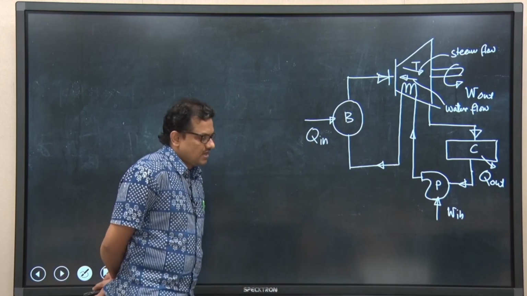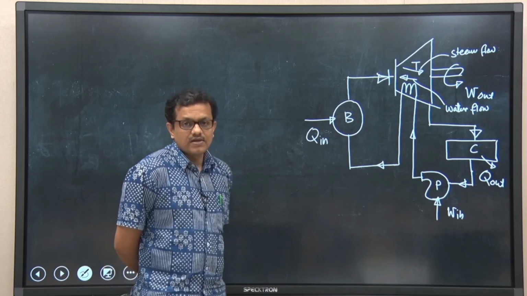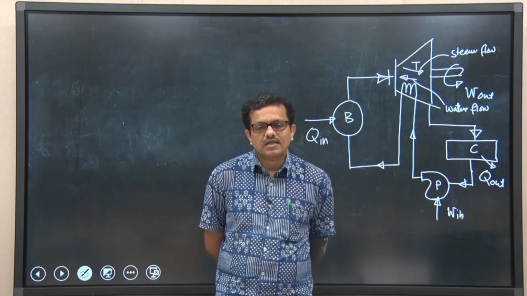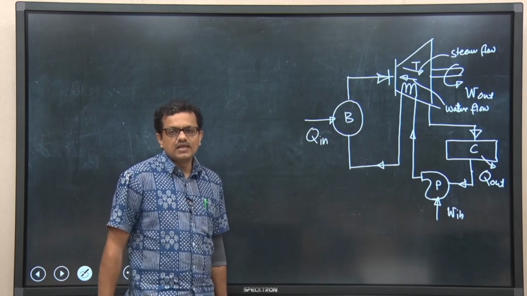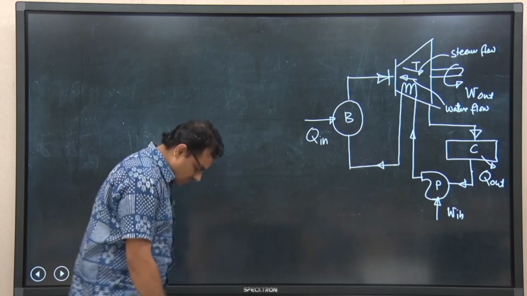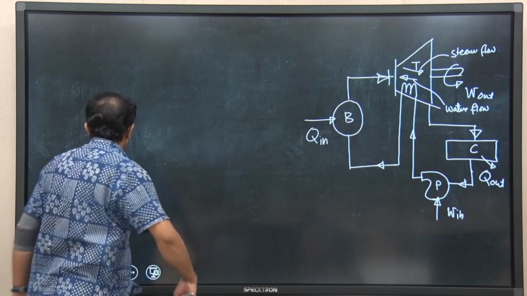So, accounting for these difficulties from the perspective of the operation of the cycle, in fact the plant, there are several other methods by which this regenerative principle can be used to increase the efficiency of the cycle.